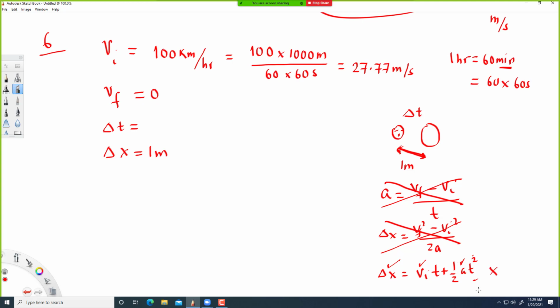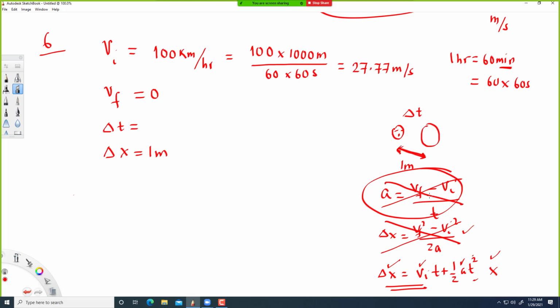So in that case, we first need to think about how to find the acceleration, because both of these need acceleration. So let's first find acceleration, and then we can use that in this equation. If we use this equation, then we have everything except acceleration, but we don't have time. So this one has 2 unknowns.